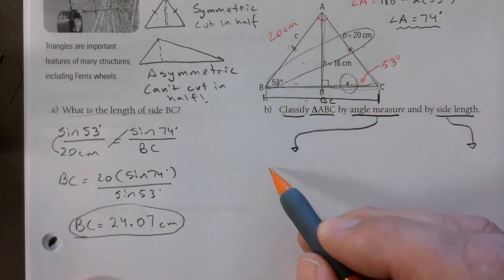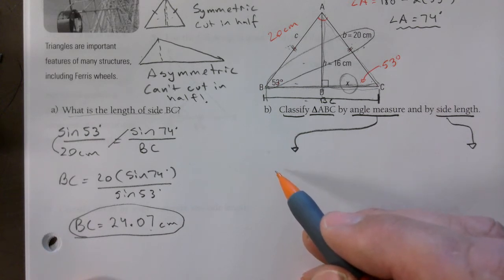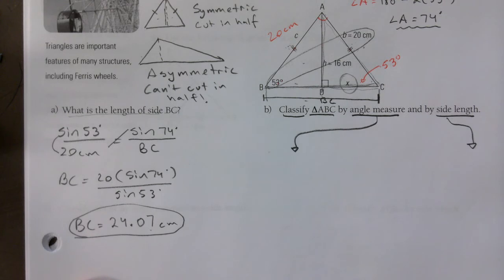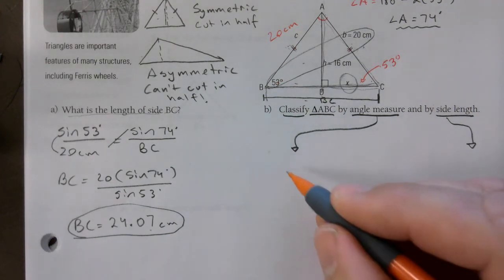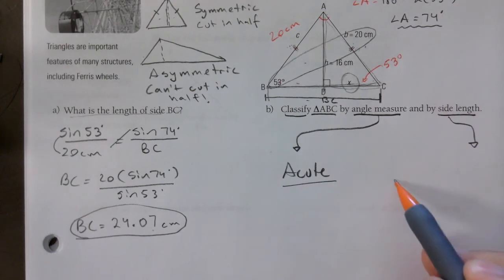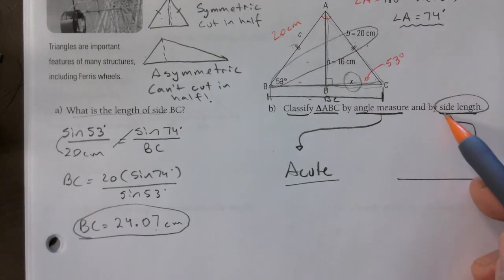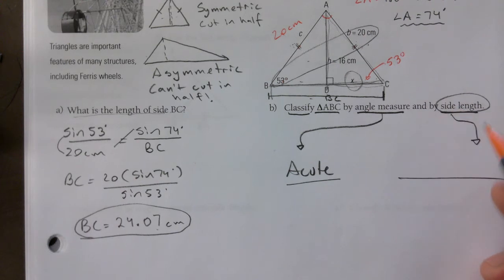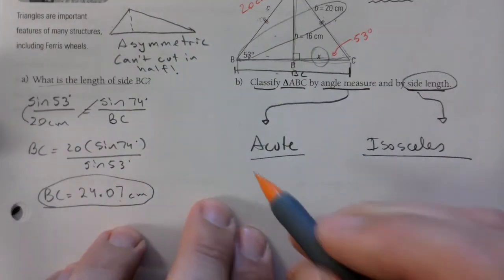So that makes this, when we go by angles, go back to that page on 179. You have 3 options: acute, right, and obtuse. This would be an acute. So acute is the first name, and then the second name, side length, isosceles, that's right. So you have acute isosceles.